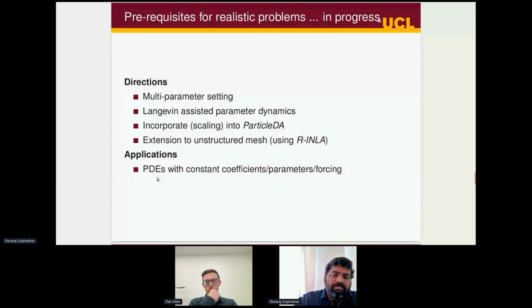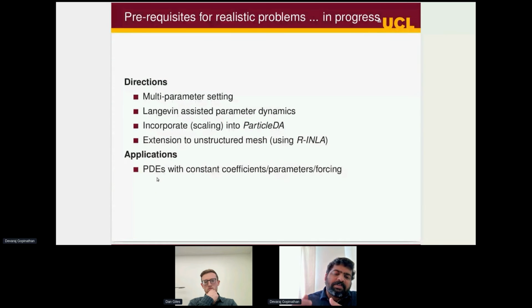So before it has to be included into particle DA, now it works with one parameter. We have tested it with multiple parameters, but we find that it needs a bit more tuning. So this is an add-on to particle DA, and it increases the speed of convergence as well as reduces the ensemble size.